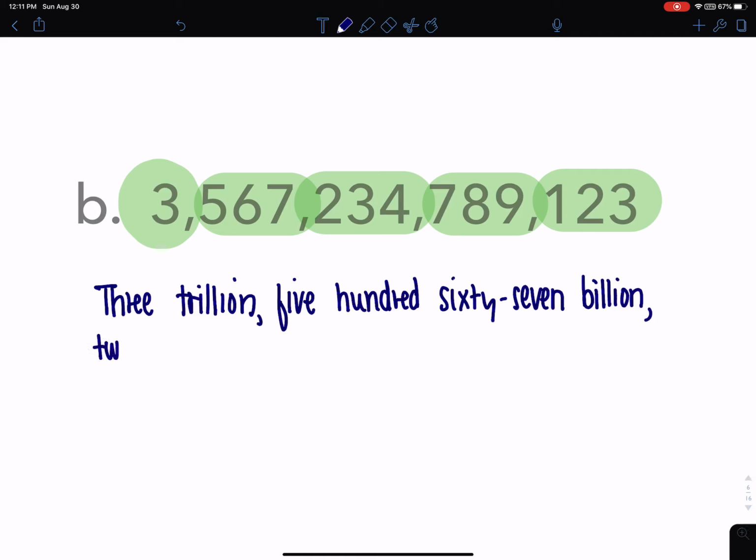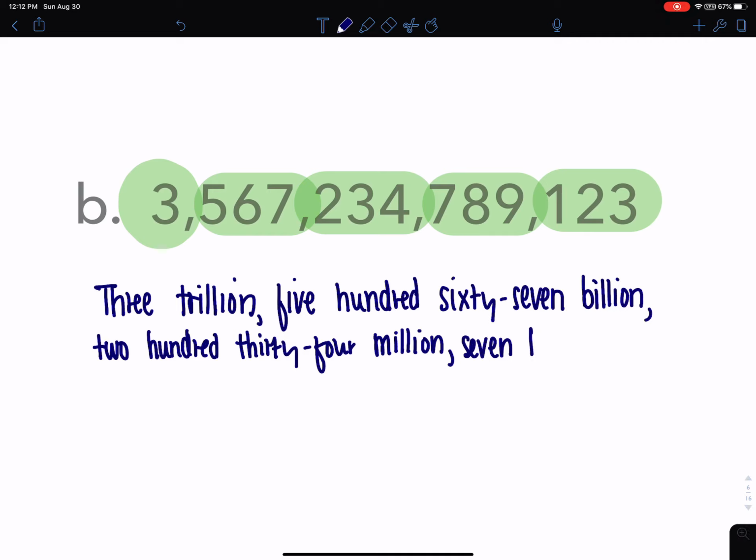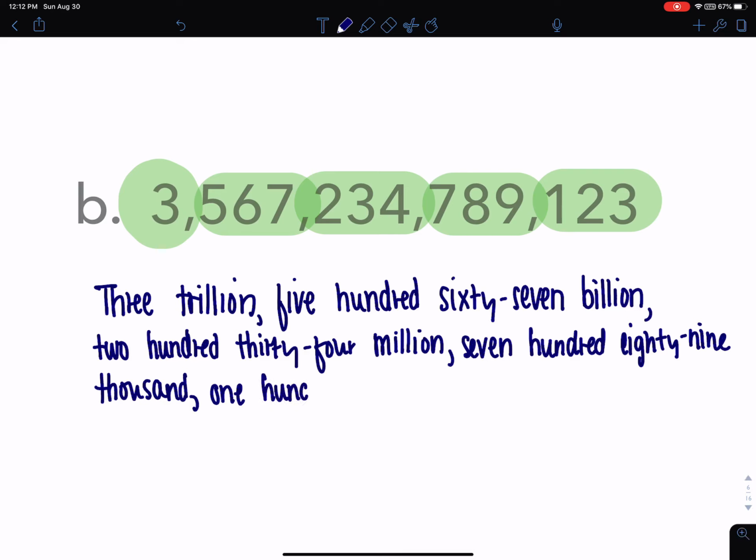234 million. 789,000. 123. So a really, really big number and lots of stuff going on with our place values and with our hyphen rules.